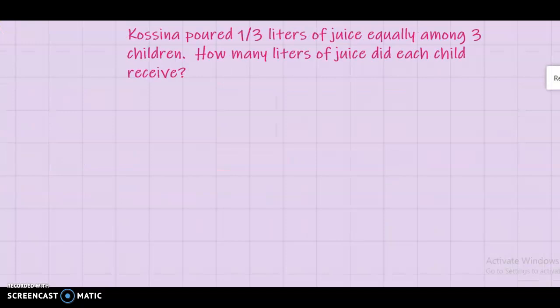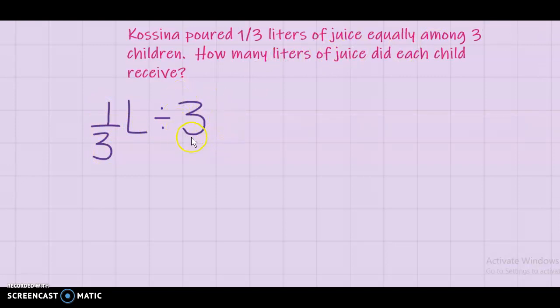Cosina poured 1/3 liters of juice equally among 3 children. How many liters of juice did each child receive? Pause the video and try to work this one out on your own. So we have 1/3 liter of juice, and we're dividing it equally between 3 children. So this is our expression, 1/3 liter divided by 3.